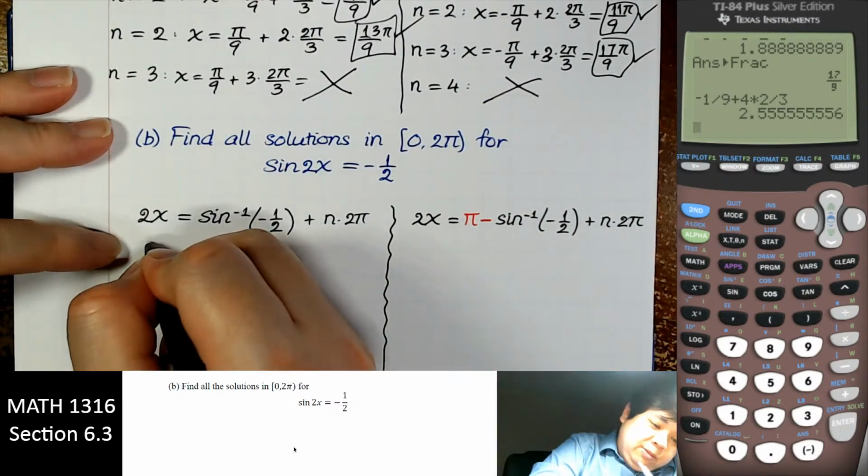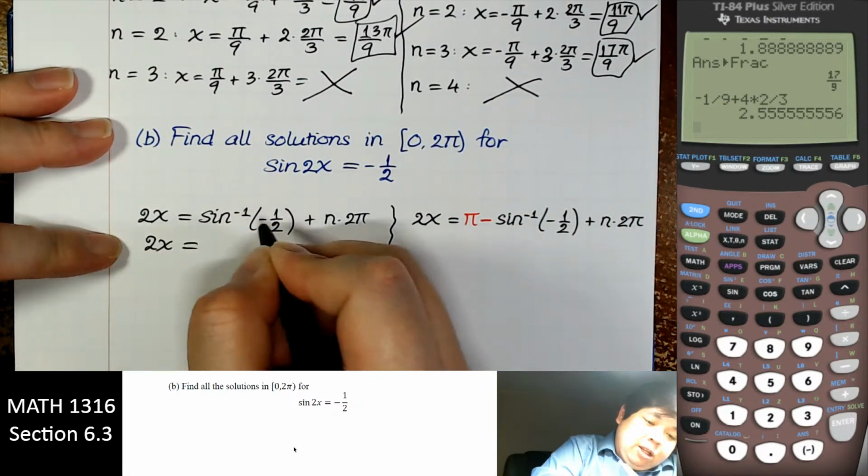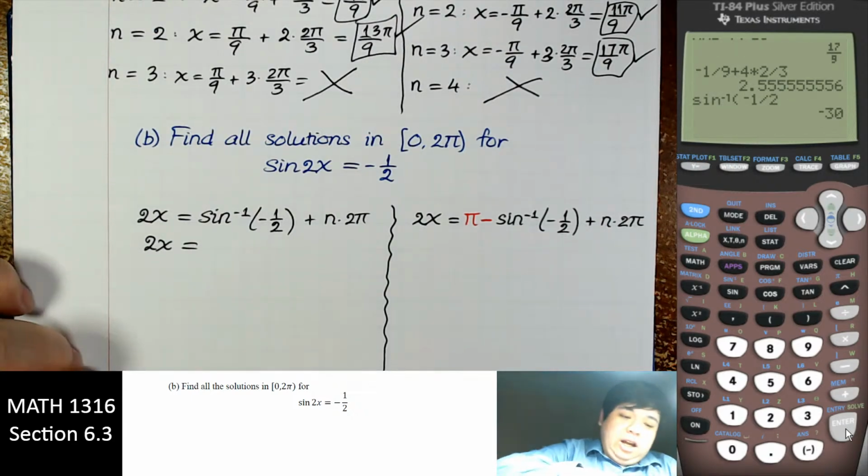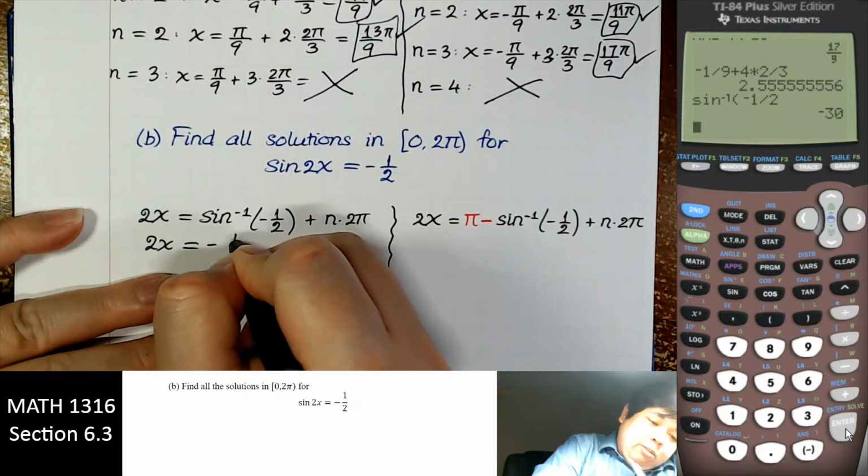Right. Sine inverse of -1/2 is -30 degrees, -pi/6.